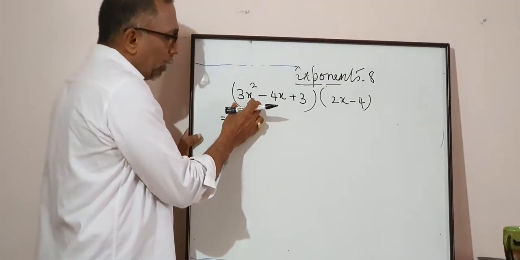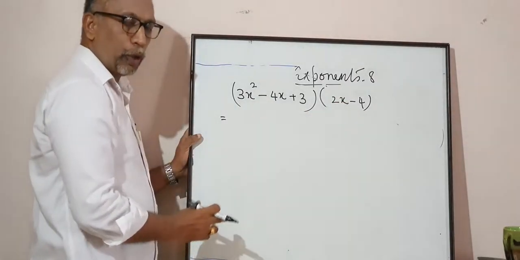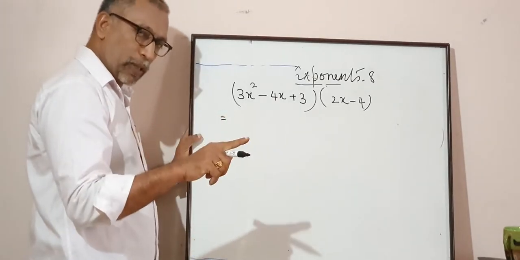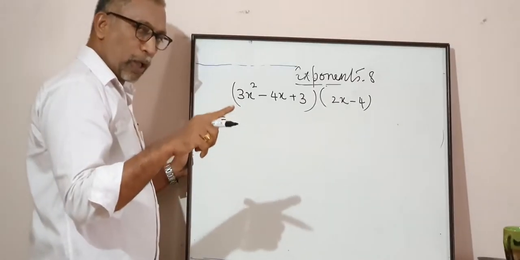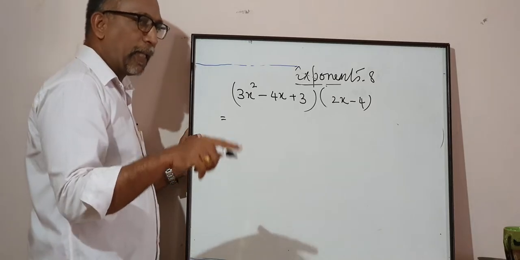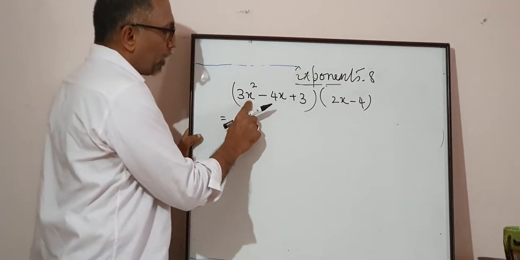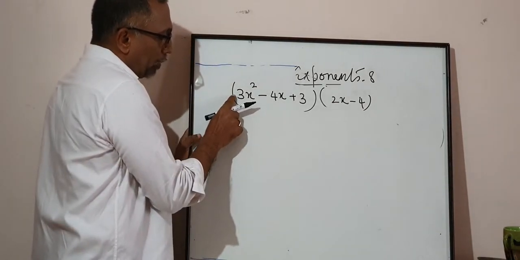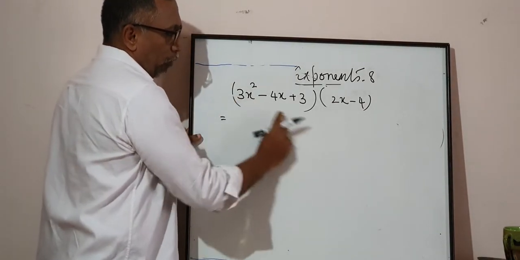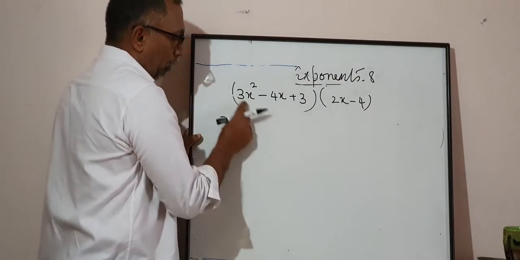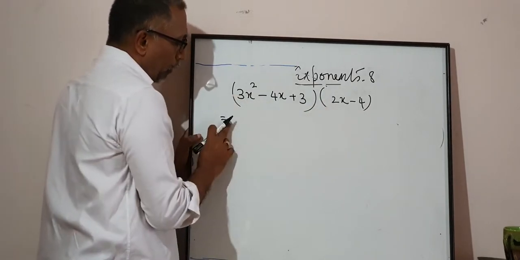When it is something of this kind, you have to look at the signs first, that is, the signs of the coefficients, then the digits, and then the variables like x² and x. What is the sign of this number? Positive. What is the sign of this number? Positive. Positive and positive give positive.